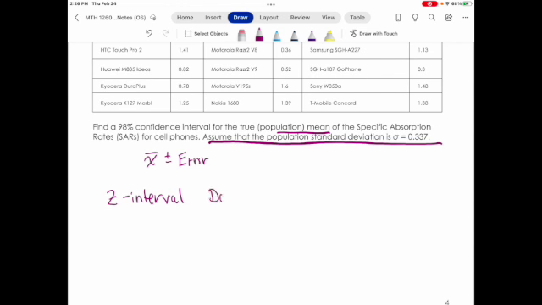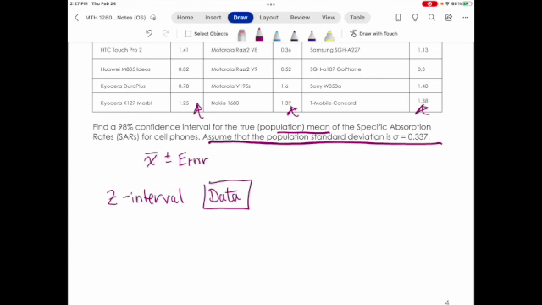Since we know what the data values are, we can choose data instead of stats. We can put all of these values that we have here in the table into one of our lists and tell the calculator to base the statistics off of that list.